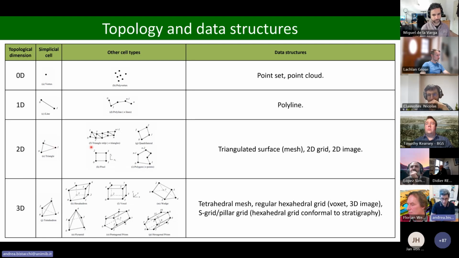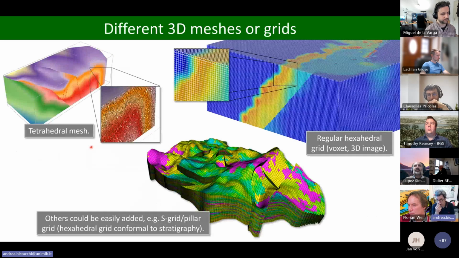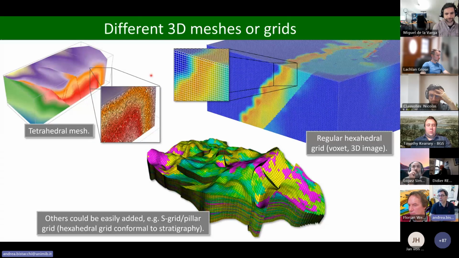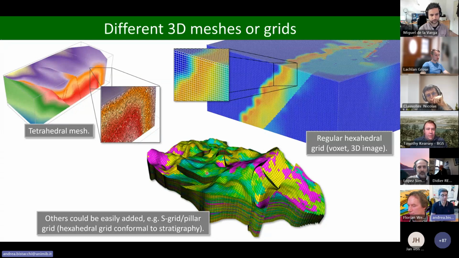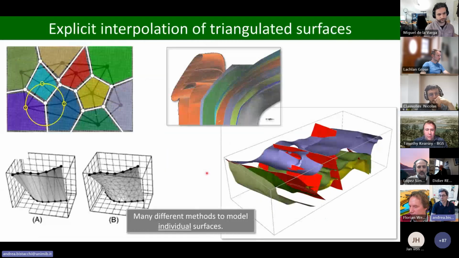And so, for instance, we have different kinds of meshes like tetrahedral meshes or regular grids with box sets. But in case we need to add something like a pillar grid like this, it will be quite easy. We haven't done that yet because we don't have the necessity, but it's easy.